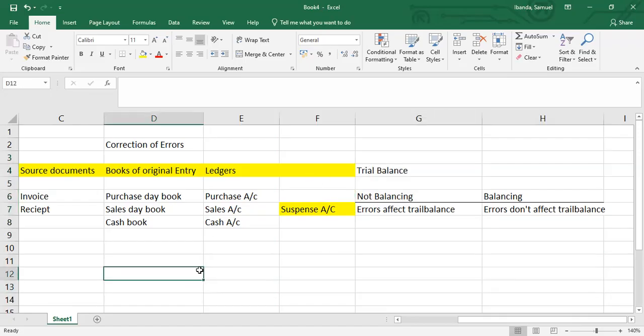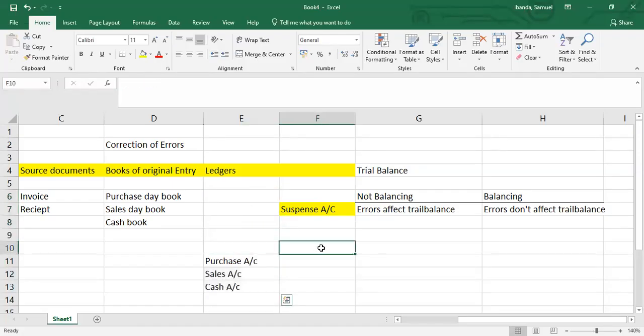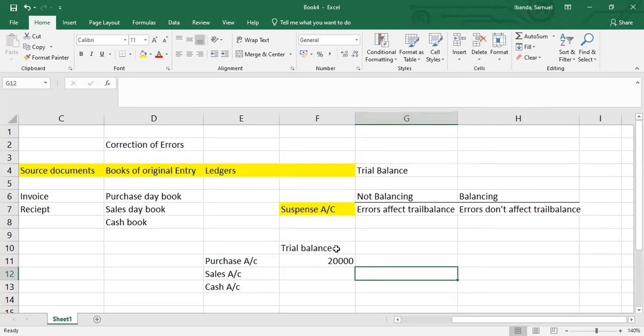Okay, just like the way today you could have these as your accounts in your trial balance. And yes, we can call this your trial balance. And let's say this account has 20K. Then sales, of course, sales have a normal credit balance.